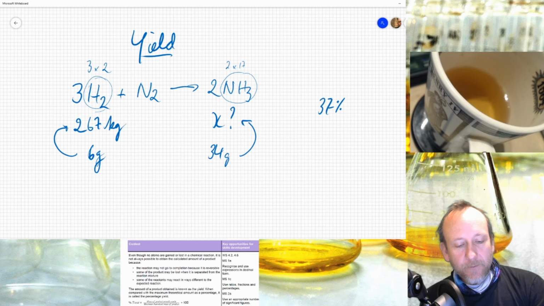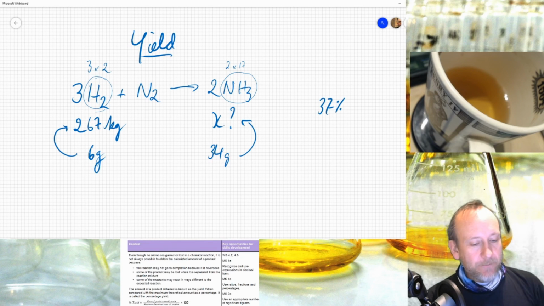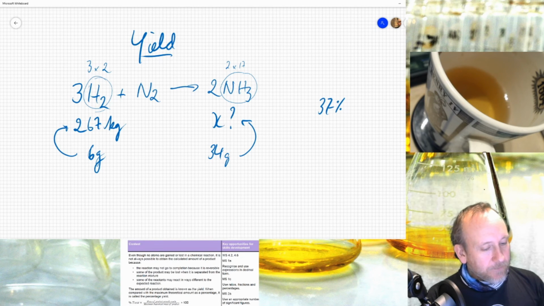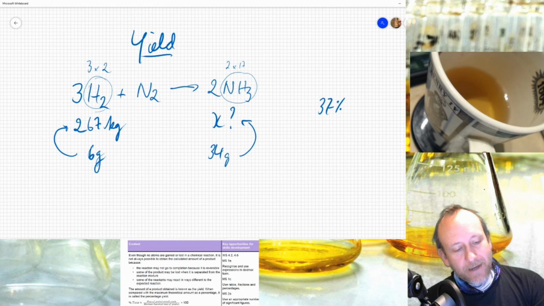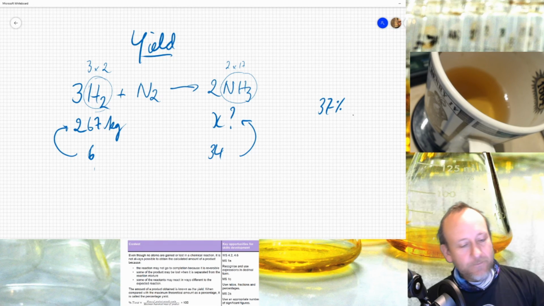And how do I get from 34 to my x? So now the good news is that actually the molar mass here could be, so if you know that you've got 6 grams, and if you knew that you had 6 kilograms, for example, then you just go like, okay, so that gives you 34 kilograms. So because this is a ratio, and I've said before, ratios don't really have, well, they don't have units.